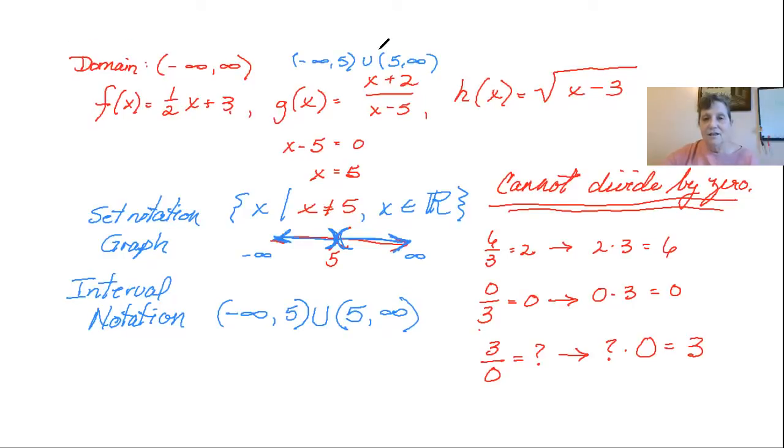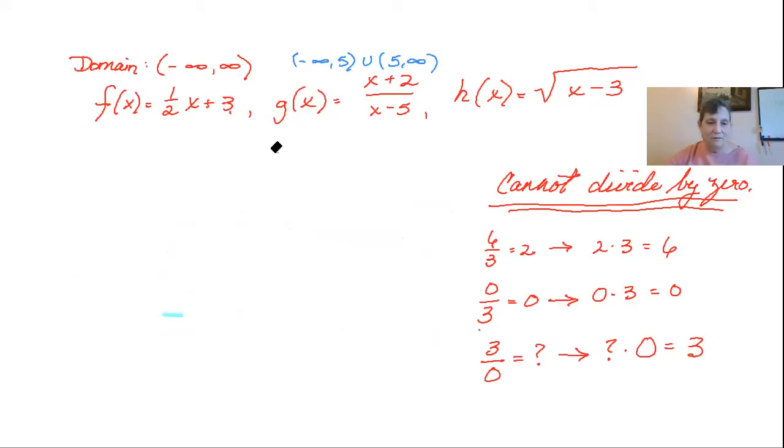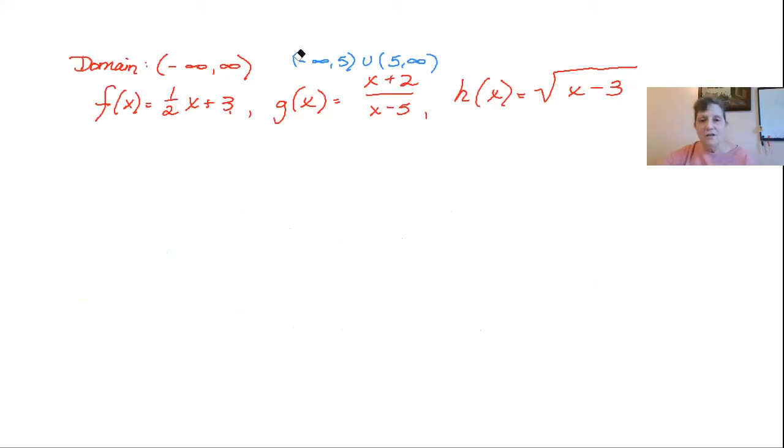Now, again, let me make some space. The other problem we run into in functions is that you cannot take a square root of a negative, or any kind of an even root.